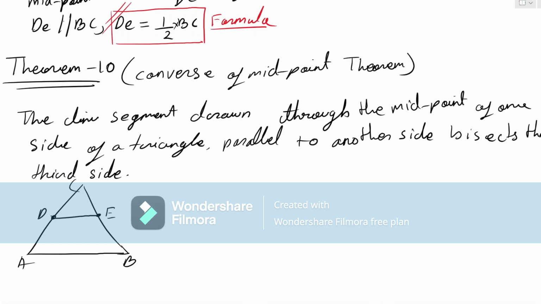Now a line is extended from the midpoint D and it touches BC. So there is another midpoint formed on the third side. So this is first side, second side and third side. Now the property of a midpoint, we know that whenever there is a midpoint on any line segment, it always divides the line into two equal halves. Since the line from the midpoint of AC touches BC, BC is also divided into two equal halves. That is what is written in this definition, but it is complicated.